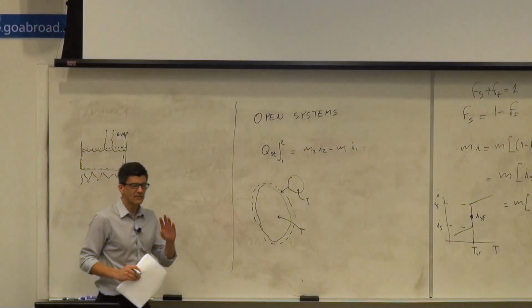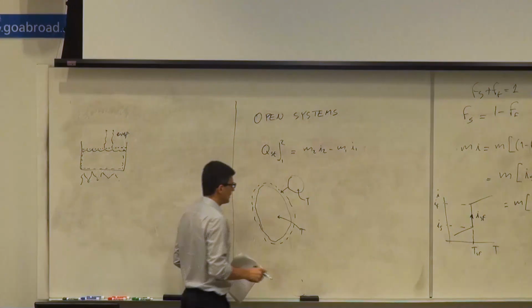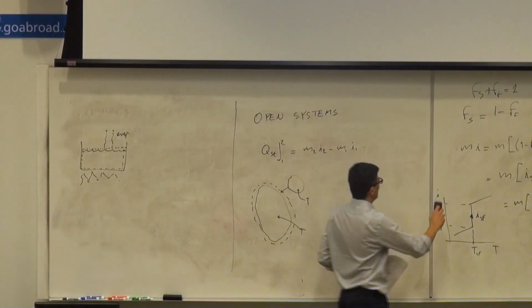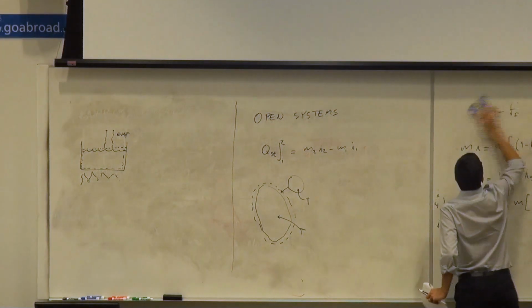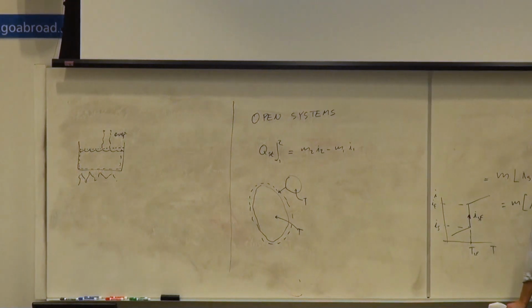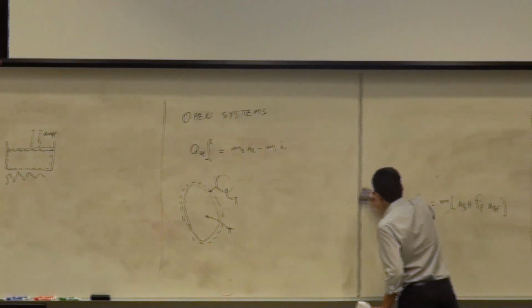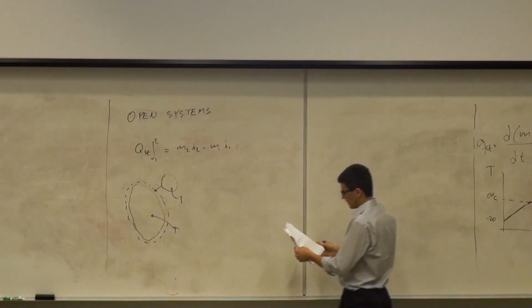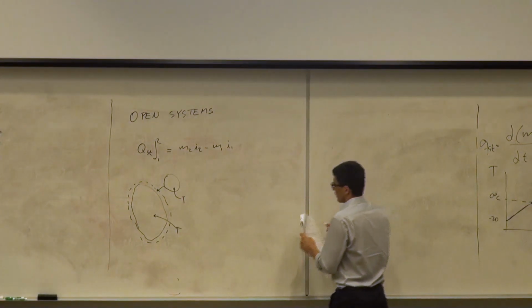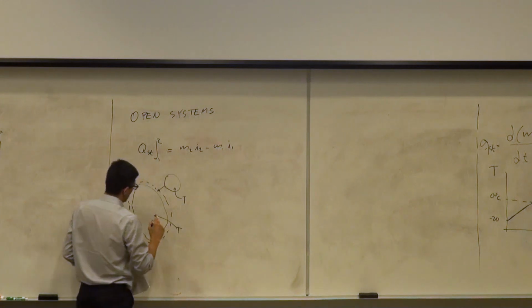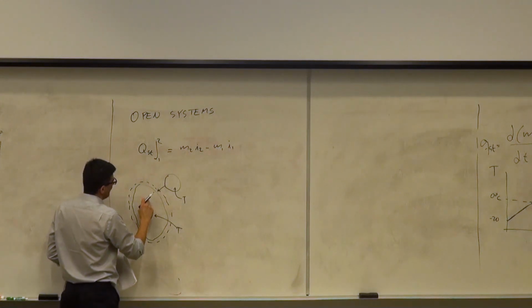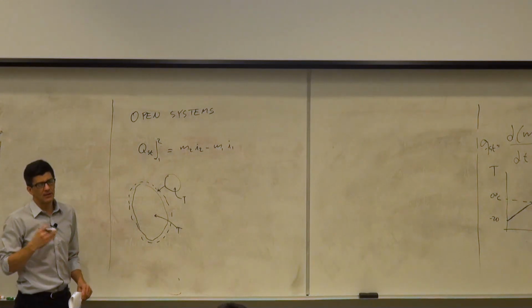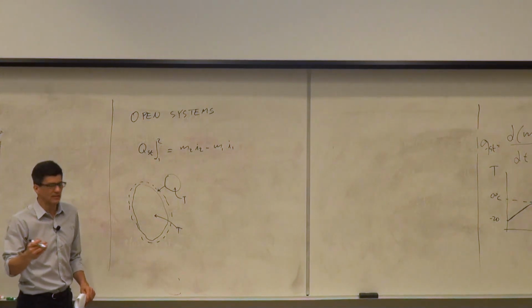And this is a concept that is not clear anywhere, and I believe it's getting clearer in my mind. But it's very, very important to have it done formally. It will help us understand many things. So here, what I'm going to have is a change in mass because it's an open system.